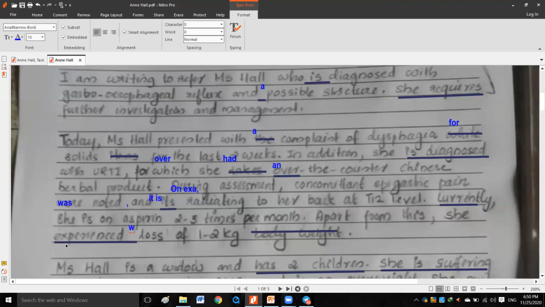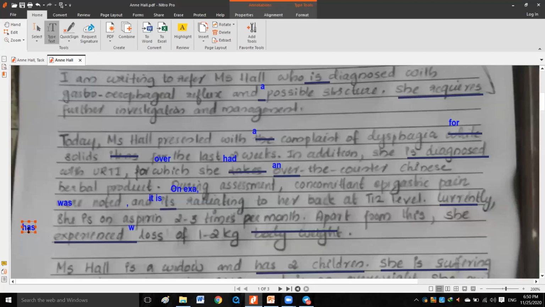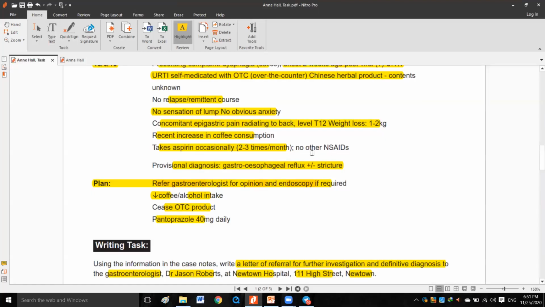And actually you can add "she has," because this is an event that happened in the past but is still relevant. Just check that.